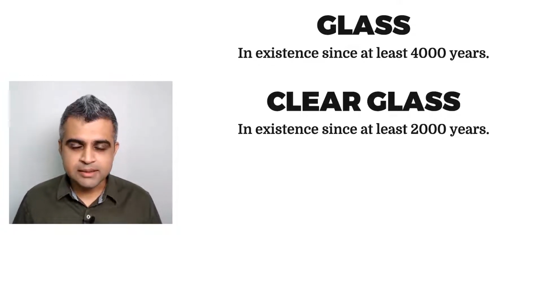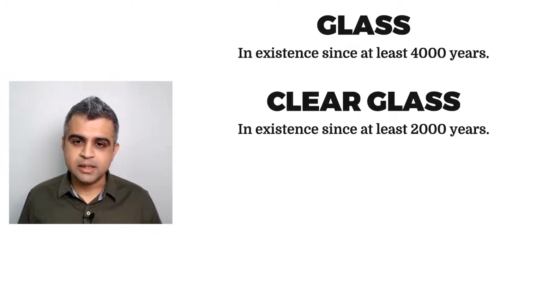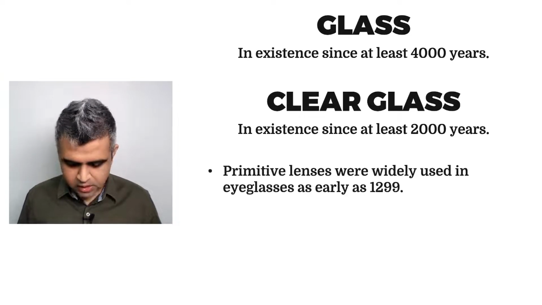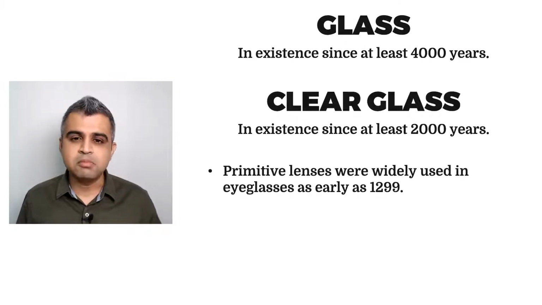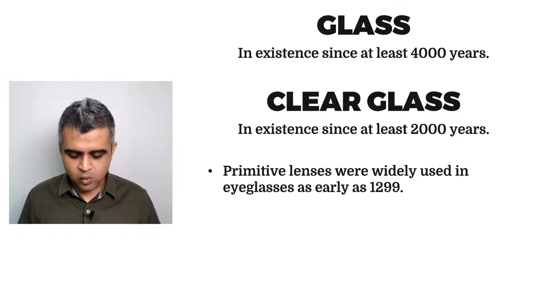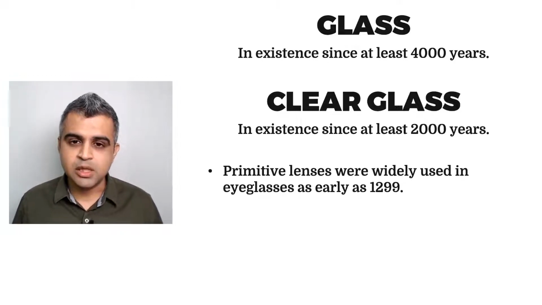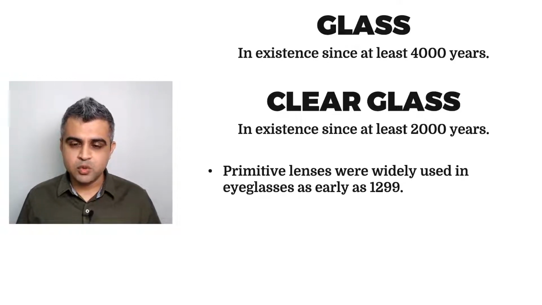So people realized that these optical qualities can be useful to improve the eyesight, or maybe it may help to magnify a few things. So primitive lenses were used for eyeglass production as early as 1299. So in the later part of the 13th century and in the early part of the 14th century, people already were using eyeglasses.